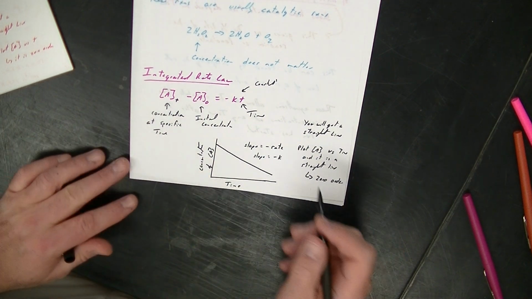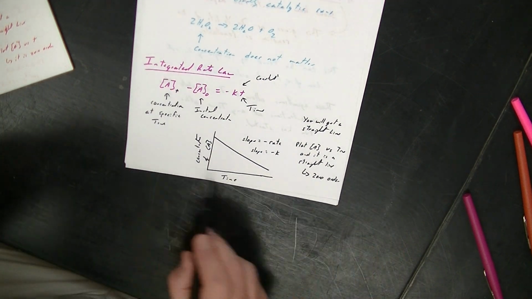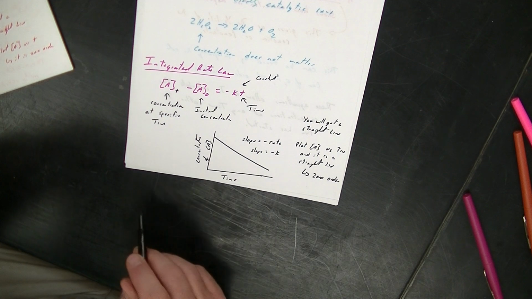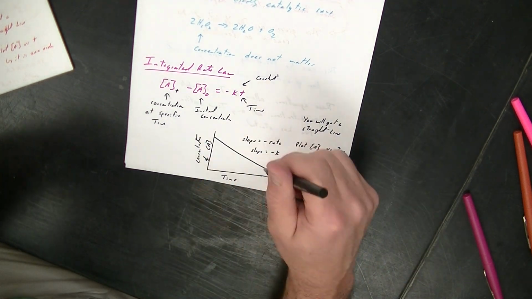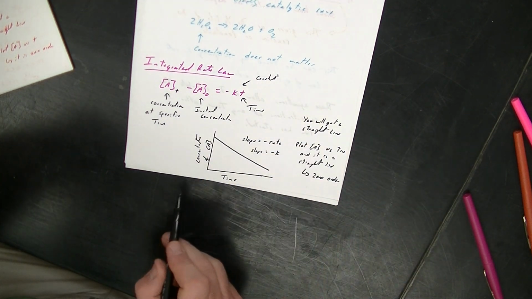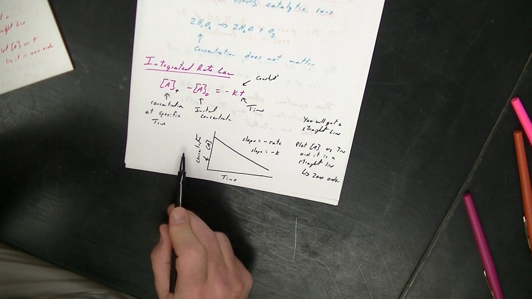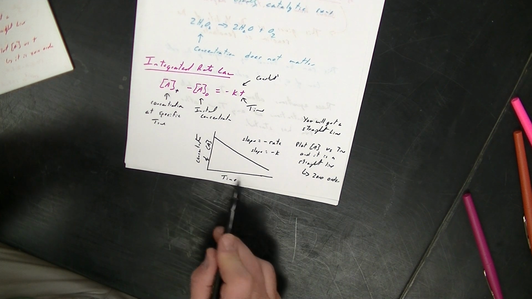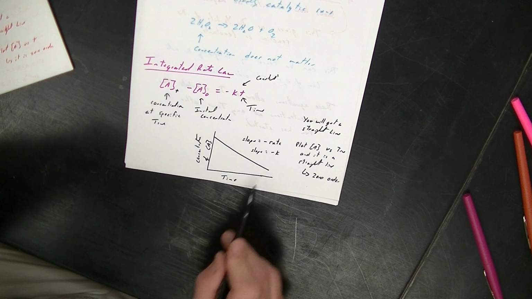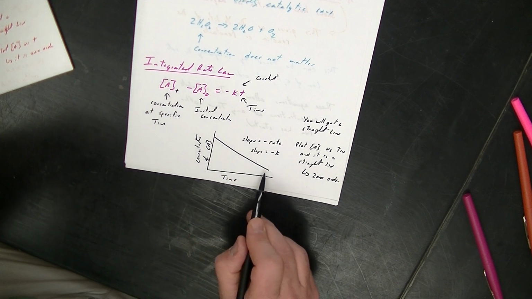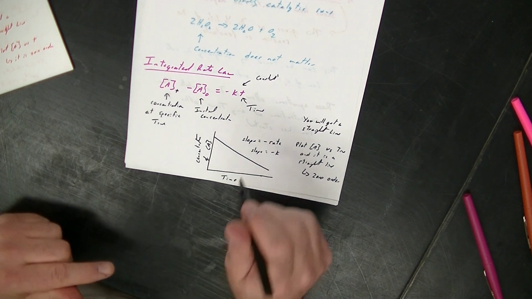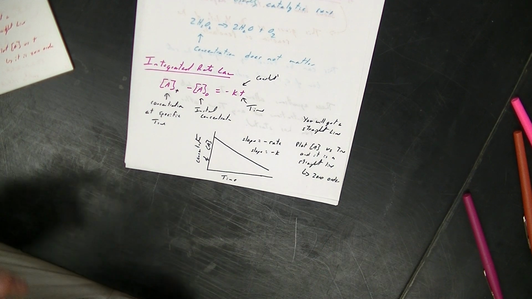You have to know this, they may ask you about this graph. They may say, here's this graph, what order is it? You should be able to look at it and say, our concentration change over time is just a negative slope. It's straight. That's going to be zero order.